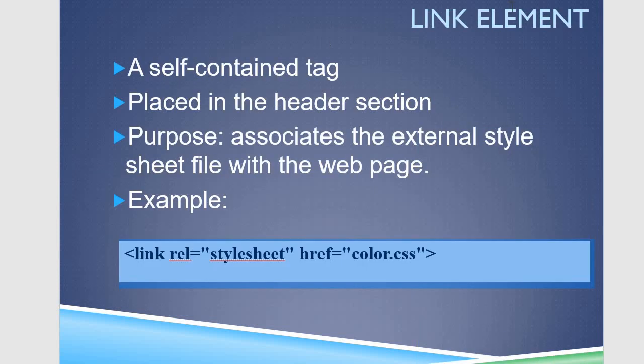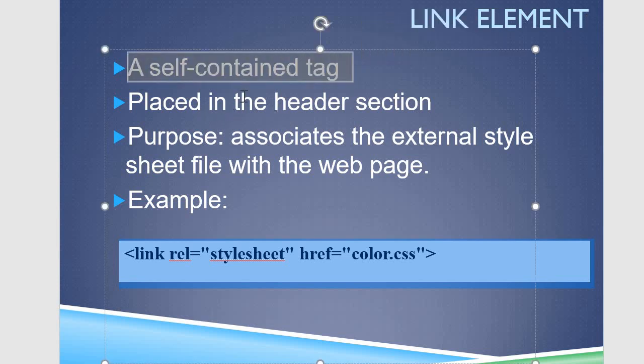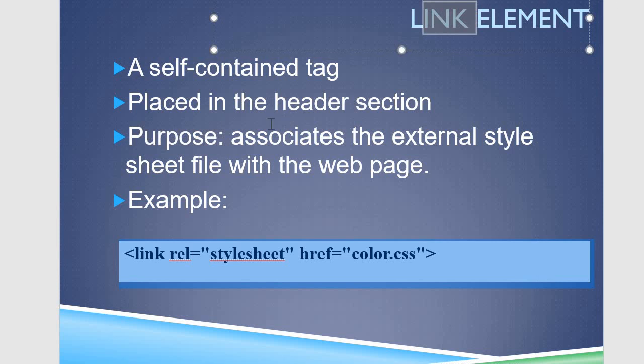Then you can see link. If you want to link the external style sheet to the HTML page, then you have to use the HTML link element. It is a self-contained tag placed in the head section. What is the main purpose of this link element?